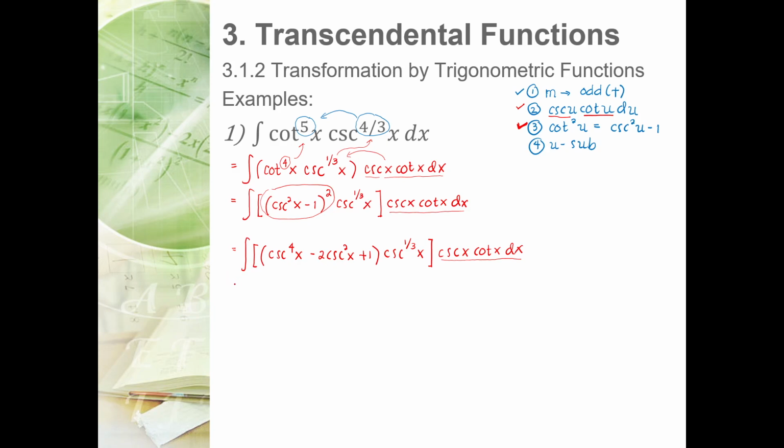Okay, so next we distribute. Multiply cosecant to the 1/3 to each of the terms inside the parenthesis.